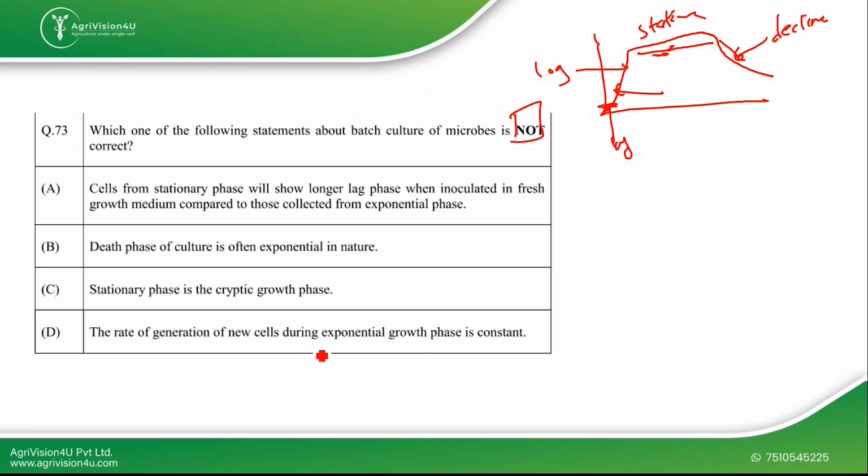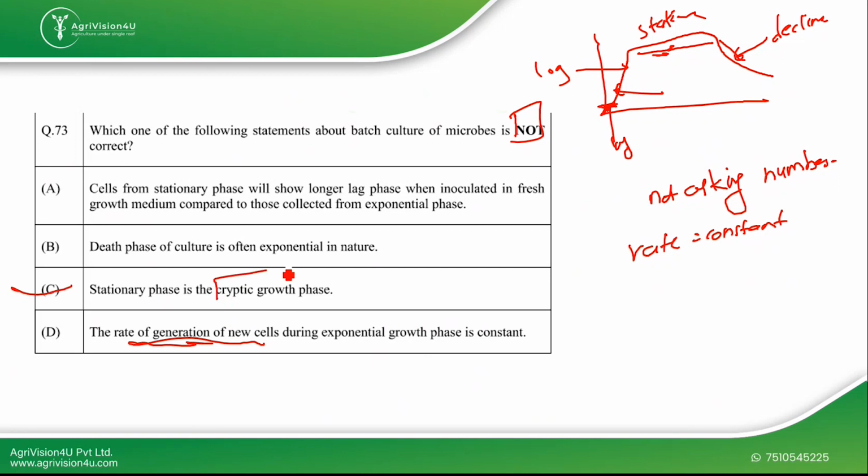See the word rate of generation. They're not asking about number. So obviously, rate is constant in your exponential phase. Hence, D is also correct. So the wrong statement will be option C.